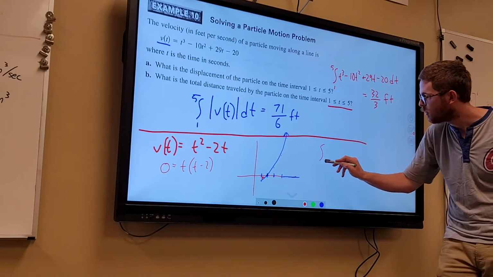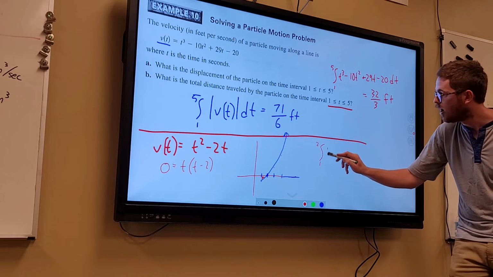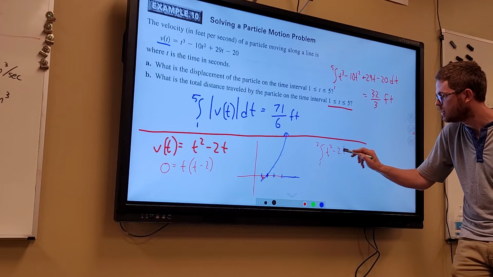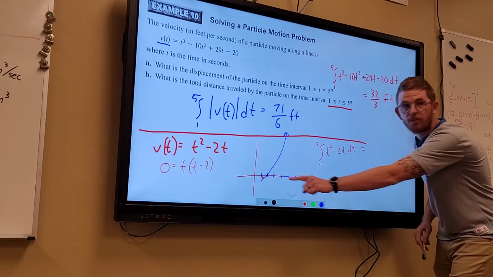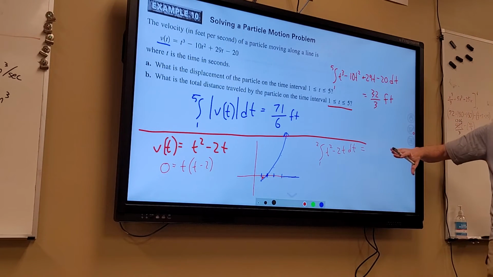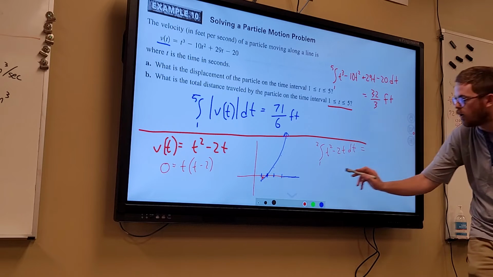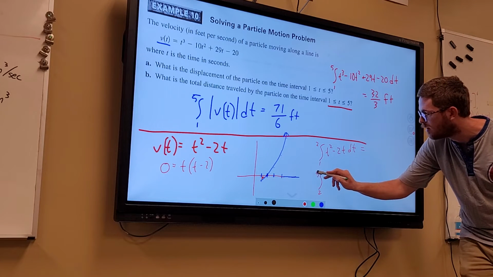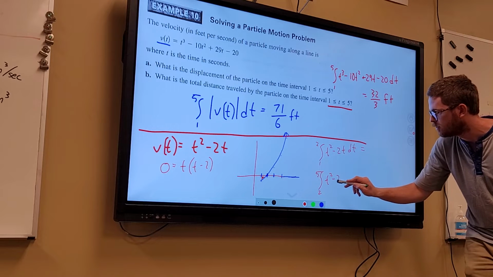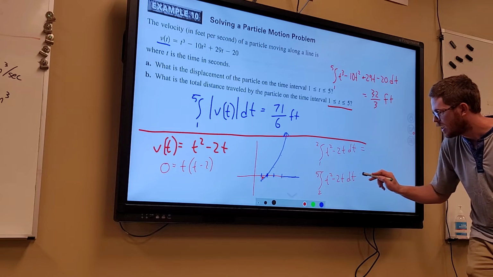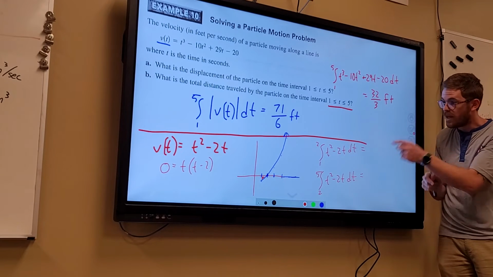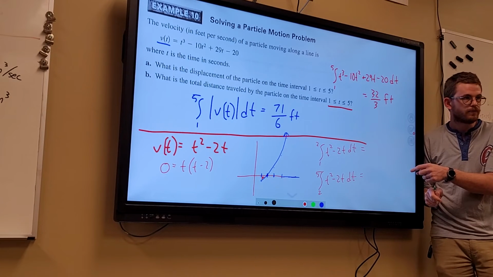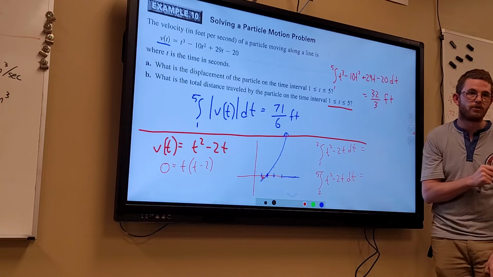So I can integrate from 1 to 2 of t squared minus 2t dt. And when I get this answer, which I know is going to be negative, I just make it positive. And then I also integrate from 2 to 5 of t squared minus 2t dt. I know that's going to be positive, and I add those two values, making that first one positive to make sure I'm getting my total distance traveled.